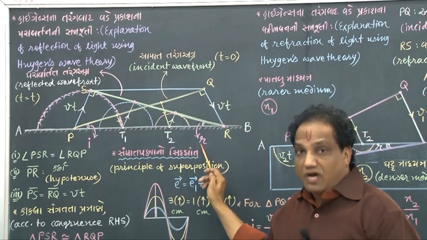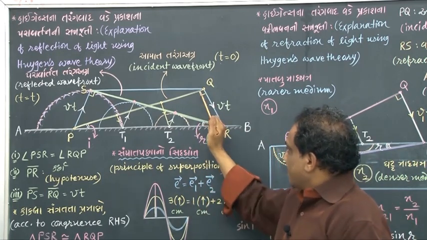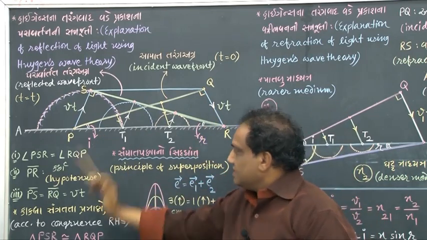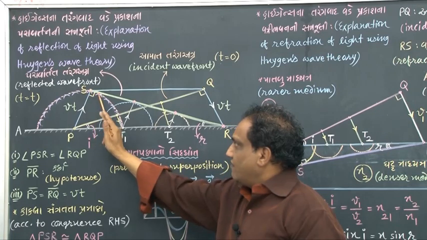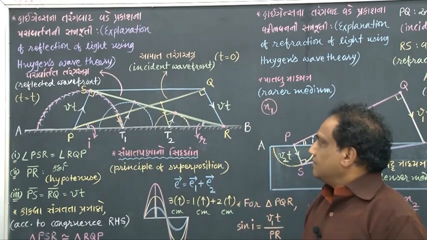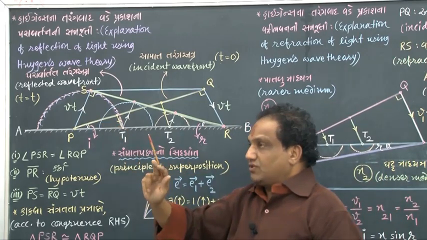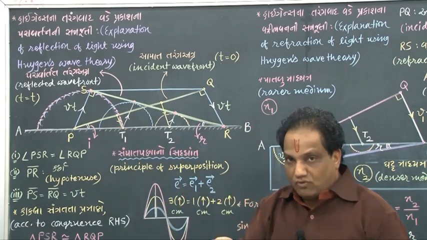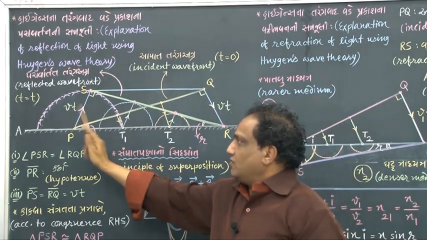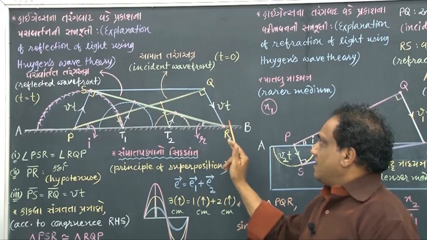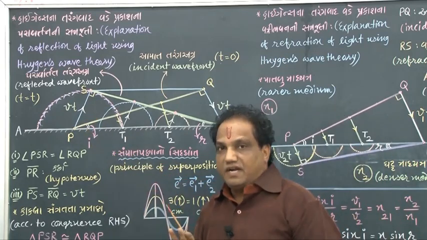The incident light ray is perpendicular to the incident wavefront. Similarly, the reflected light ray is perpendicular to the reflected wavefront. Both these distances are travelled with the same velocity in the same time, so they have to be equal. This is v into t, and this is also v into t. This is the distance travelled by the incident light ray, and this is the distance travelled by the reflected light ray.